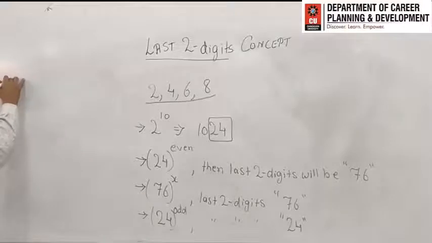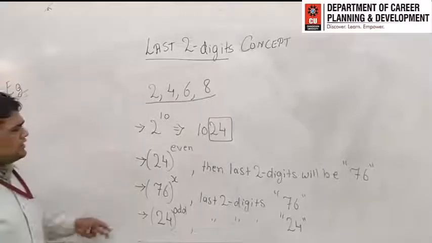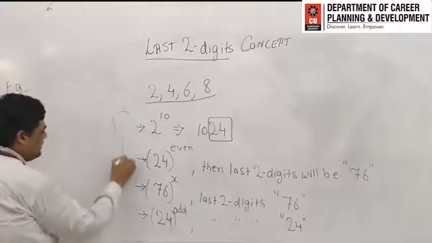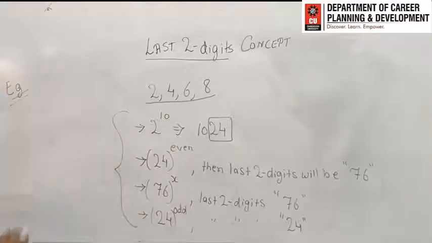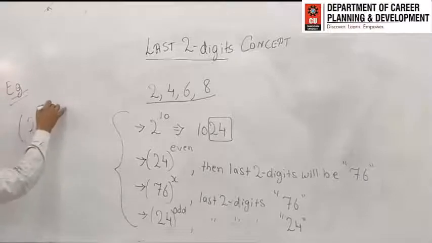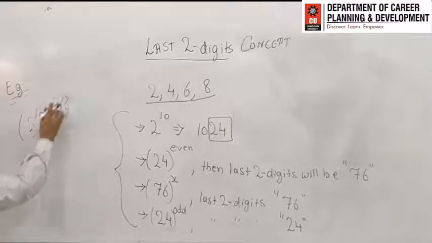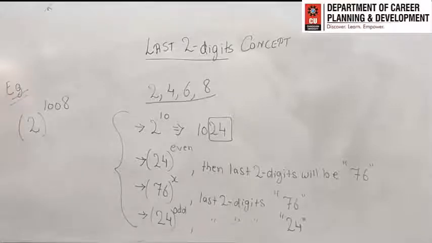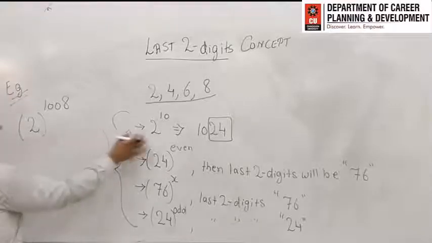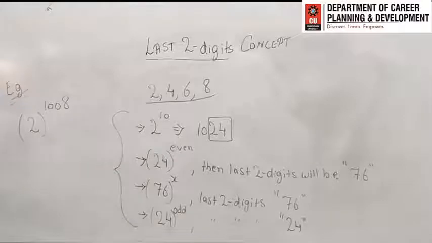Let's see with an example how to use this value, how to use all these 4 points. These 4 points you must remember. Okay. So now let's use these 4 points in an example. Example is 2 raised to the power 1008. Now see, I have to raise the power of 10 to 2.